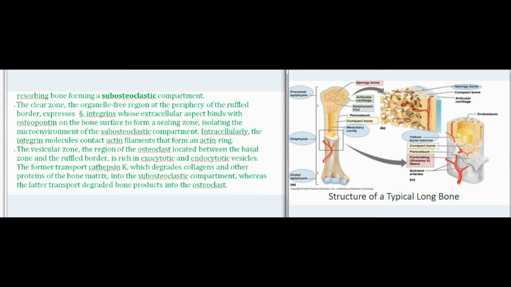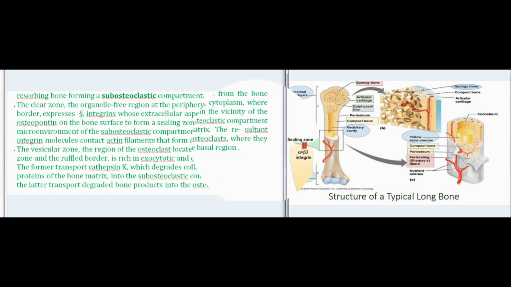The vesicular zone, the region of the osteoclast located between the basal zone and the ruffled border, is rich in exocytotic and endocytotic vesicles. The former transport cathepsin K, which degrades collagens and other proteins of the bone matrix, into the subosteoclastic compartment, whereas the latter transport degraded bone products into the osteoclast.